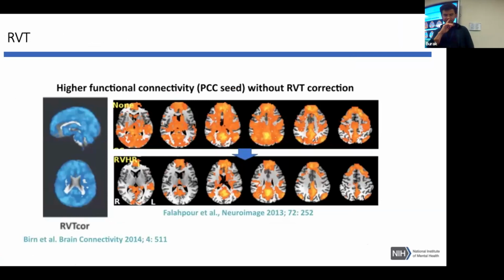This is an example from the literature. The respiration volume, which I showed previously with the high resolution fMRI, is changing a lot and spread all over the brain. You can remove that effect, and if you remove that effect, the network starts to be more confined.